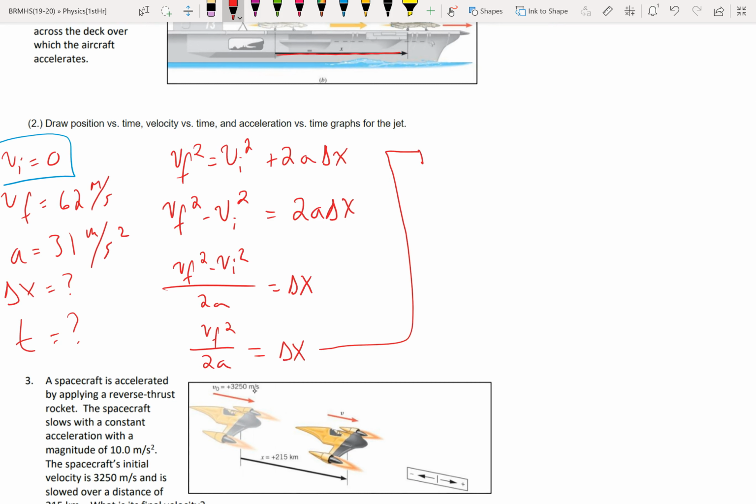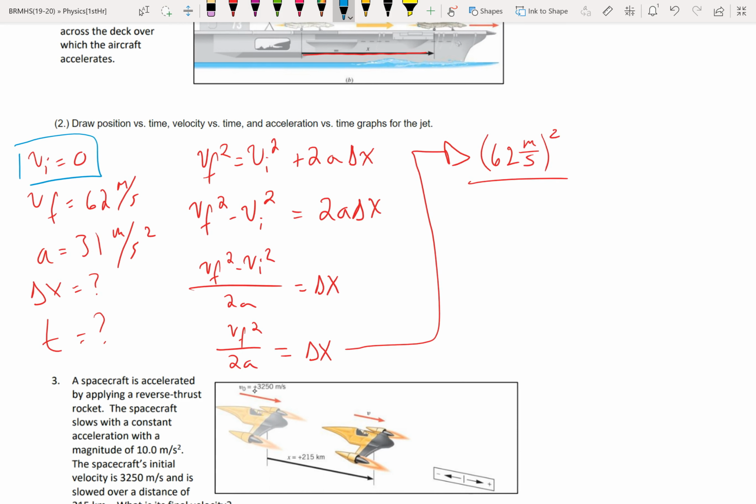Now we'll substitute. What is VF? 62. So this is 62 meters per second. It's velocity, yep, so meters per second, and that's squared over twice the acceleration. So that's 2 times 31. All right, there's my acceleration, 31 meters per second squared. So twice that is 62 meters per second squared equals delta x.